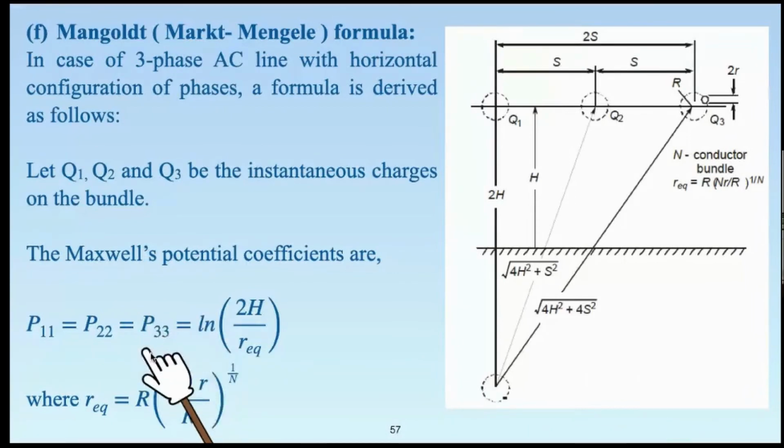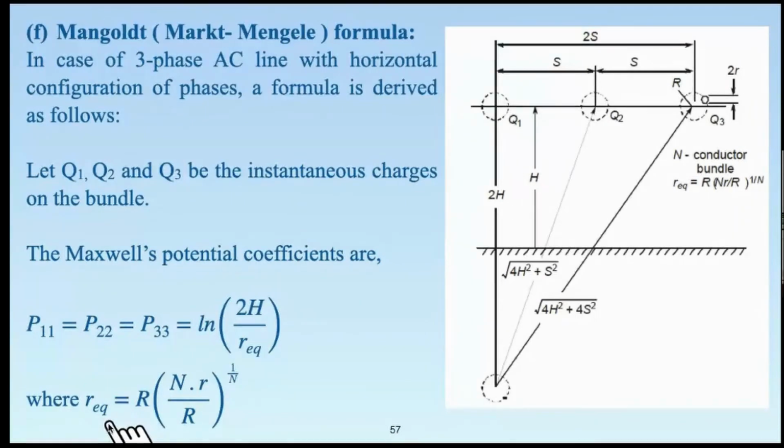Similarly for P33. So the three diagonal terms are due to the charges of the conductor and its own image. The numerator is the image distance and the denominator is the distance with respect to its own axis. Naturally, we have to use the R equivalent expression.